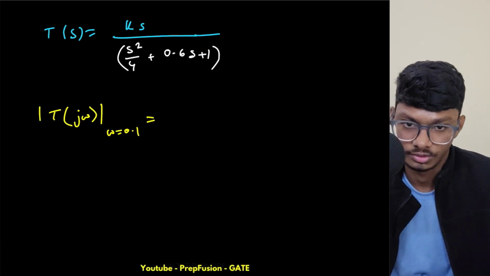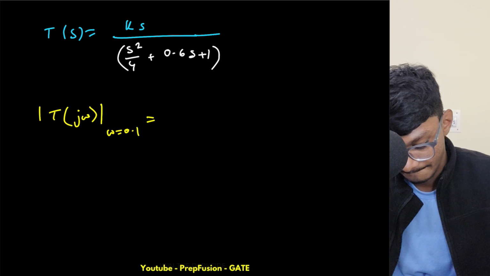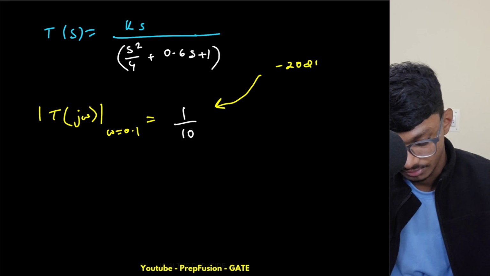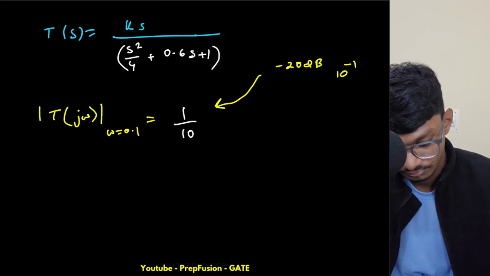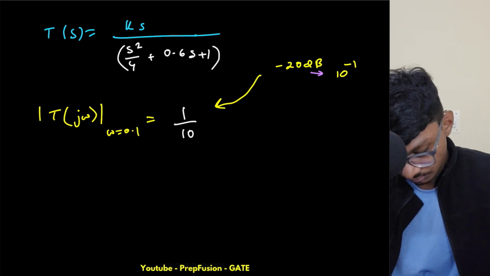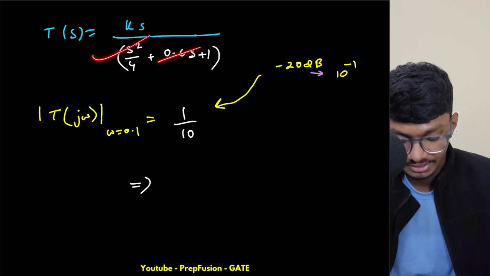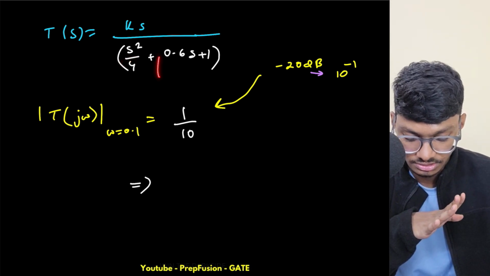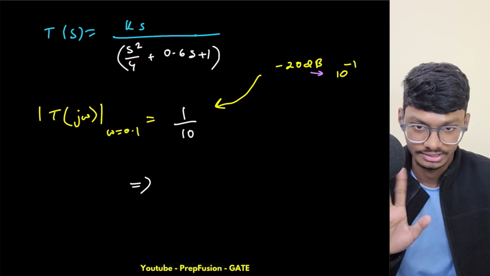Minus 20 dB means 10 raised to power minus 1, that is 1 by 10.